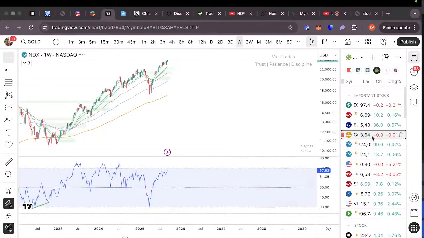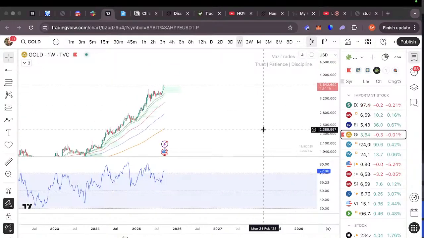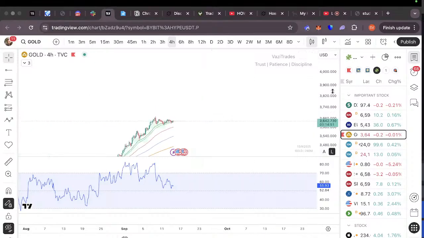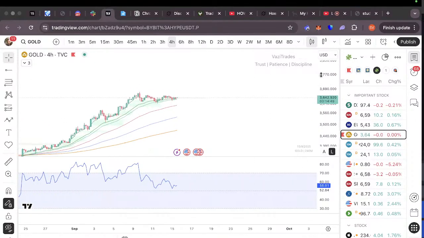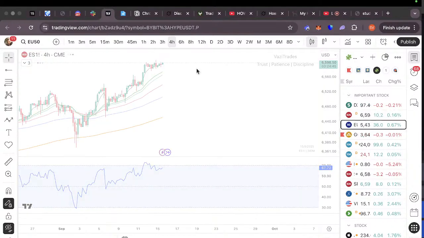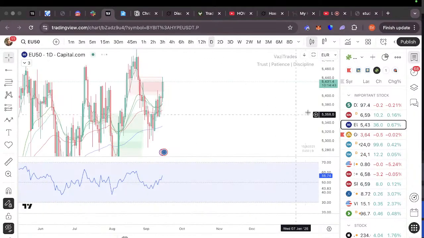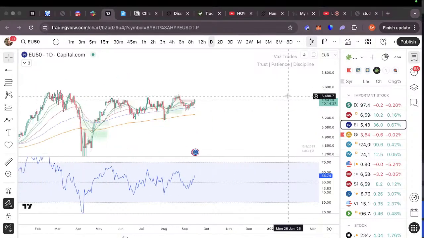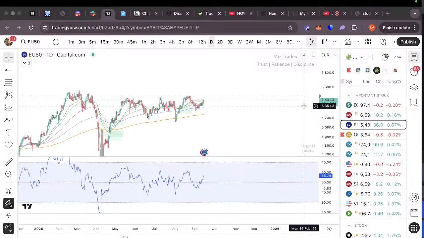The US market looks like it will continue pumping, honestly. I'm more bullish than bearish. Even the Europe market is looking good. Looks like it will give a breakout.